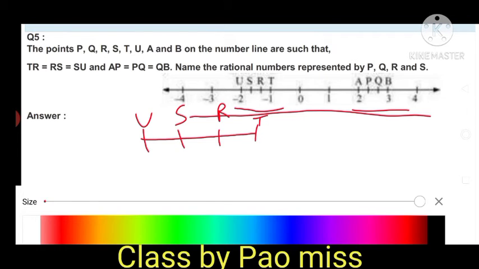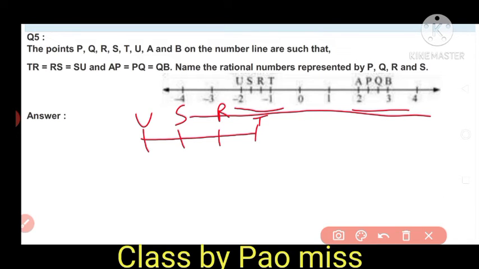It is given like this. That means between minus 1 and minus 2, how many parts are there? 1, 2, 3 parts. One unit is divided into 3 parts. That means the denominator will be 3, okay?